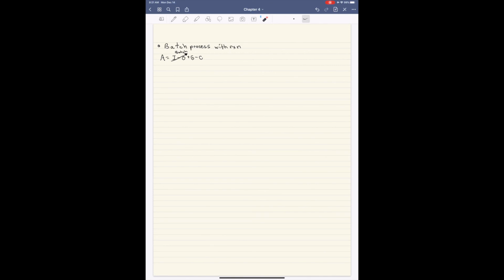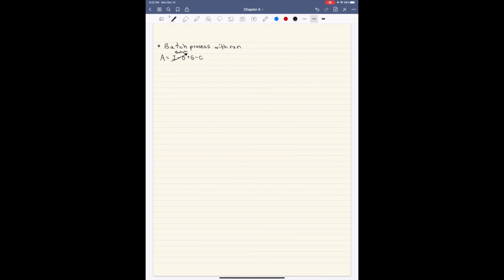In any case, we could just leave the G and the C terms there for right now. Okay? And since we're dealing with a non-trivial batch process, that means our accumulation term is also going to be non-zero. All right? So right now we have A is equal to G minus C.